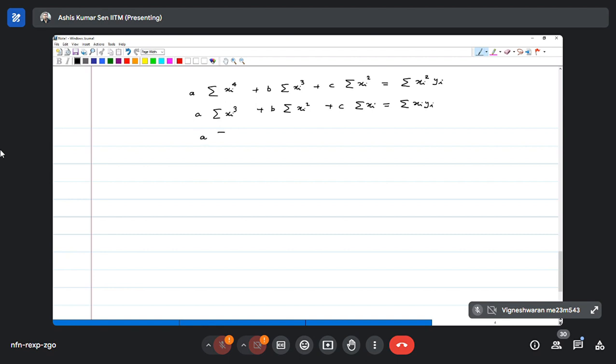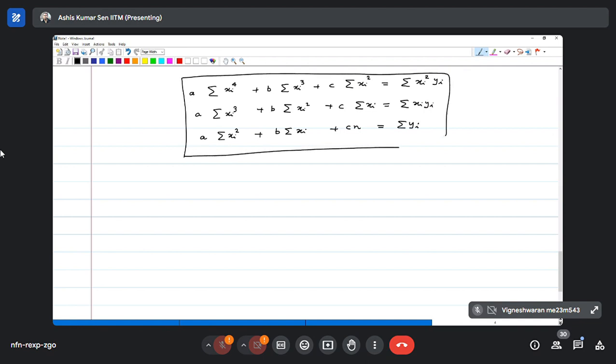Then A sum xi square plus B sum xi plus C times n equal to sum yi. So these are three equations and three unknowns, so you should be able to solve for A, B, and C. I do not have a closed form expression for A, B, C, but you can solve it. It's just three equations, three unknowns.